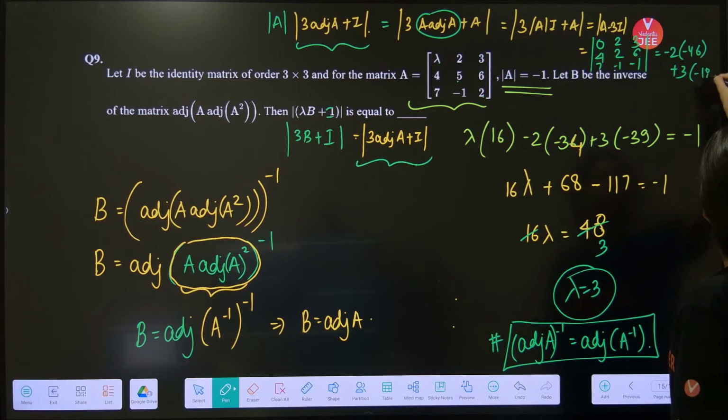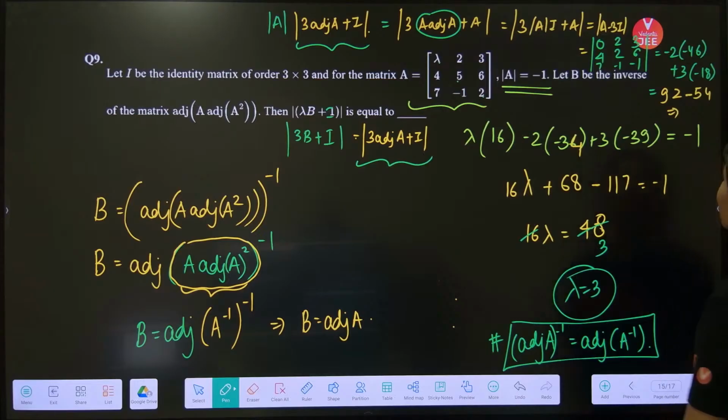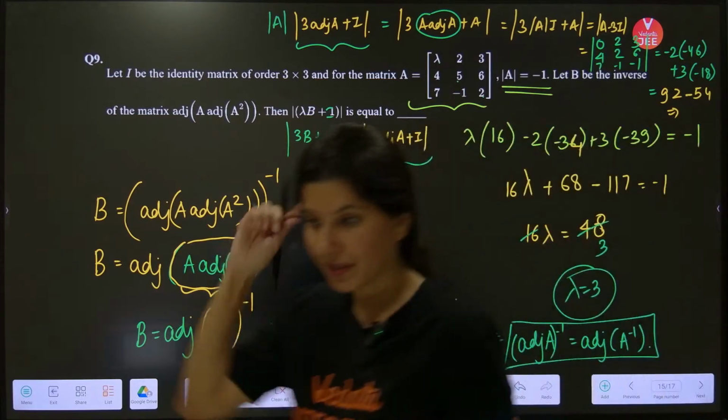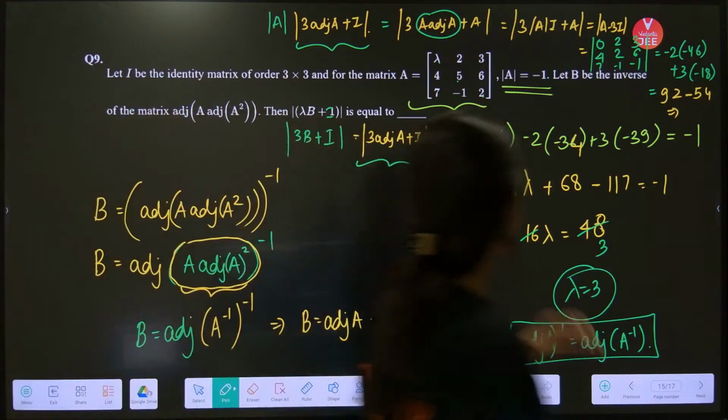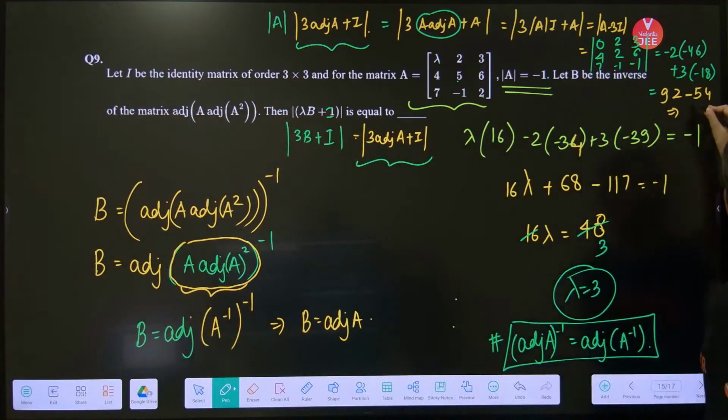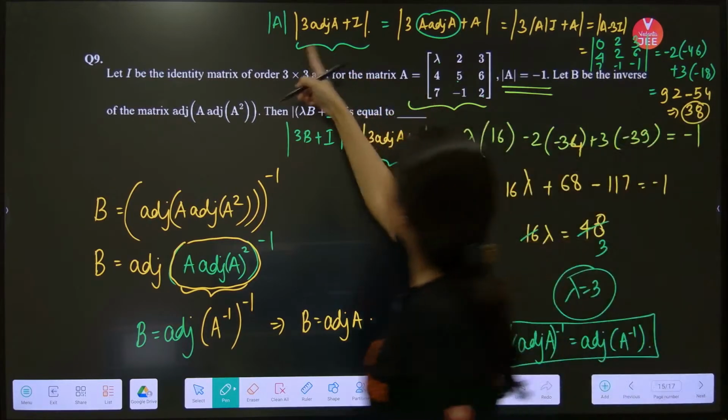So it is going to give you 92 minus 54. 92 minus 54 is what? 38, right? This value is 38.